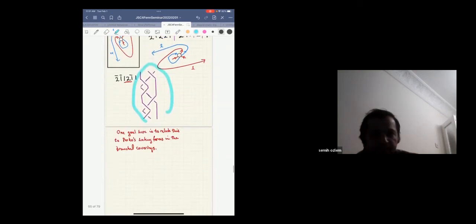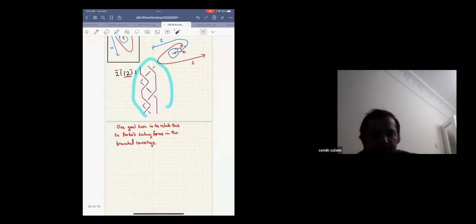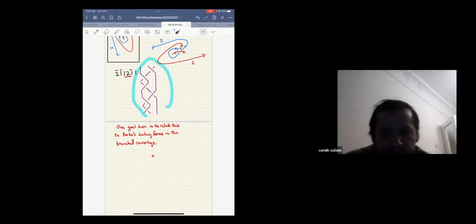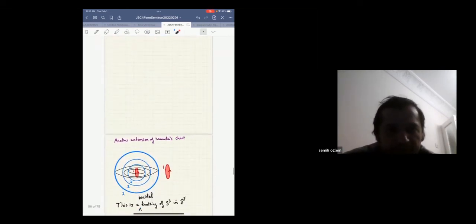And one of the goals that I have in mind for this is I'd like to be able to understand Perko's linking forms in terms of these braidings of threefold branch covers. I think it's doable. I just haven't been able to master it yet.